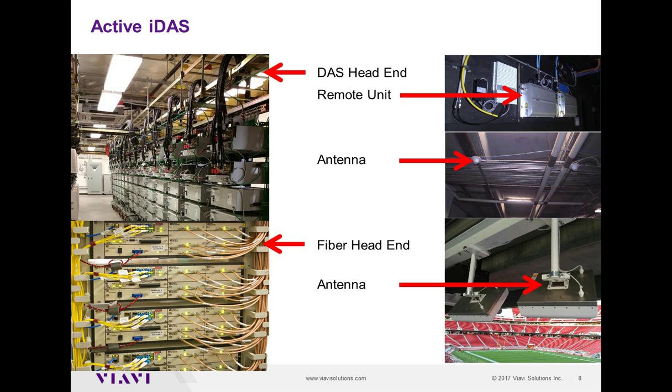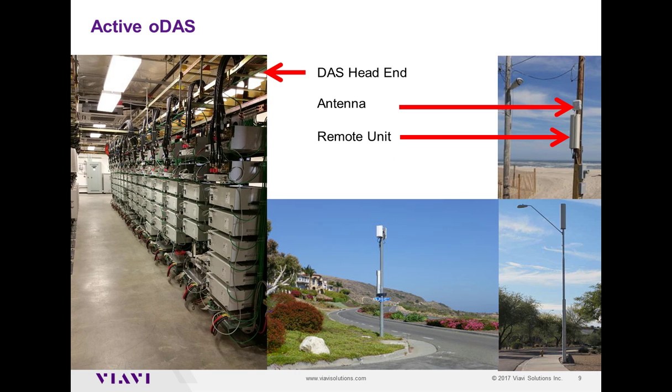From there, through the fiber link, you transmit it across the venue. You may have hundreds of fiber cables going around, hundreds of radios depending on the size of the venue, and then multiple antennas per radio unit potentially. So it's a pretty complicated project when you look at it.